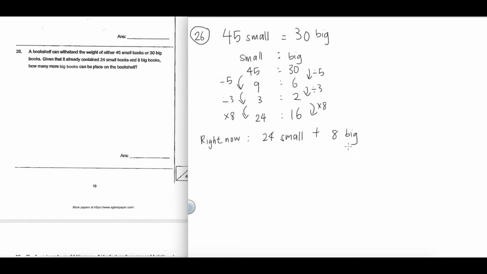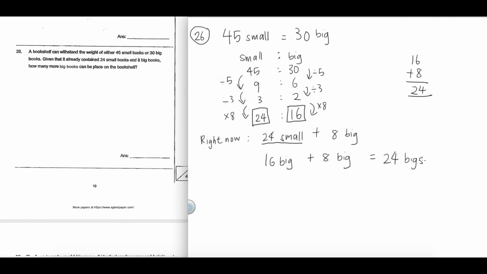According to the question. So 24 small is actually equals to 16 big. So instead of 24 small, I'm going to write 16 big plus 8 big. Okay, so since both are bigs, I can add it. Okay, so right now on the shelf, it has the mass equivalent of 24 big books.